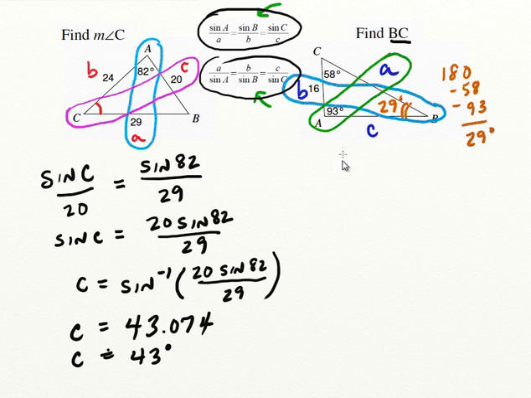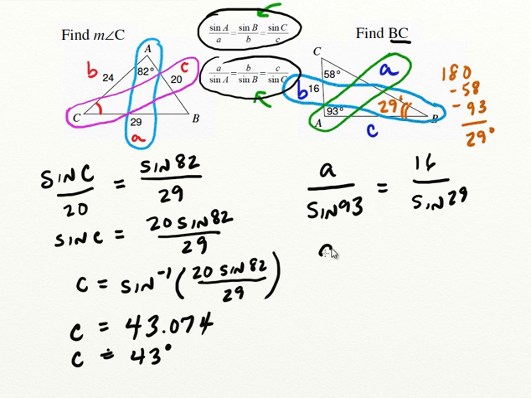So I'm going to write A up top. And that is going to be over the sine of 93 degrees. And that is going to equal the other pair. So B, side length of 16, over its angle, which is 29 degrees. Well, why is it useful writing it like that?